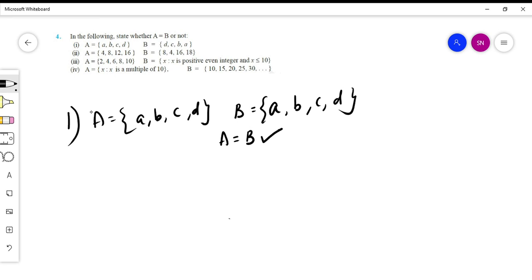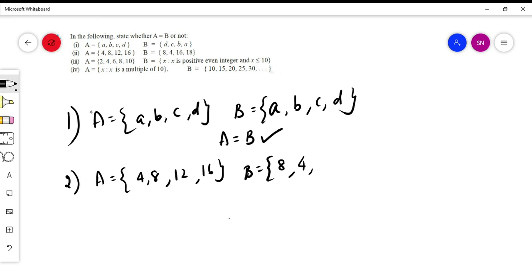Now coming to the second question, I have set A = {4, 8, 12, 16} and set B = {8, 4, 16, 18}. Let me check the elements in set A and set B. Set A has 4, set B also has 4.